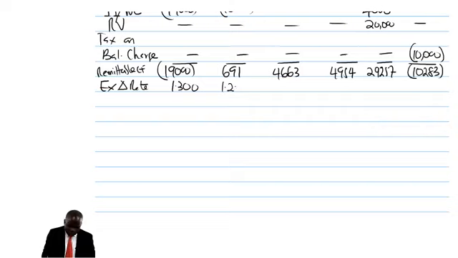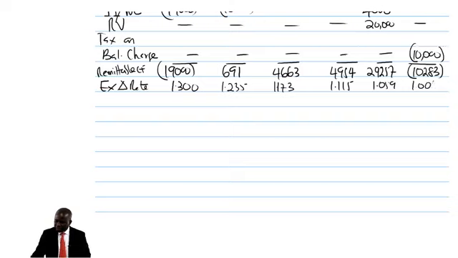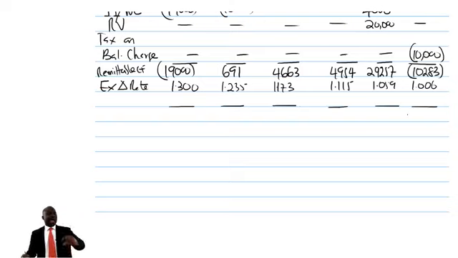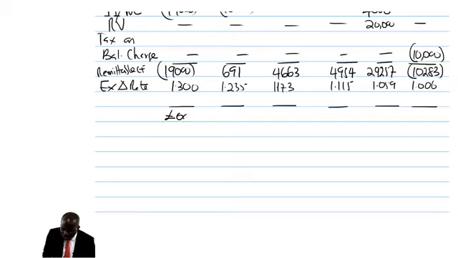Then we got 1.235, 1.173, 1.115, 1.059, and 1.006. Then I am going to exchange it. The moment I exchange it, I have taken it from dollars to pounds. So the sign should now change.